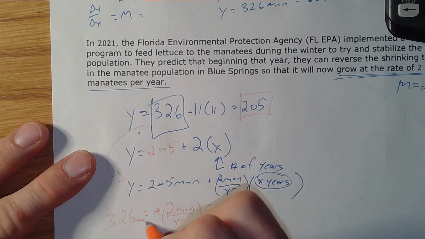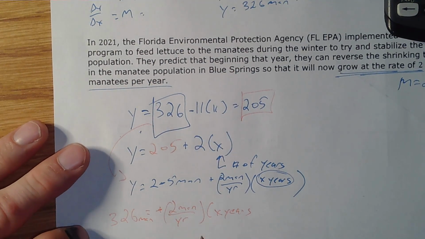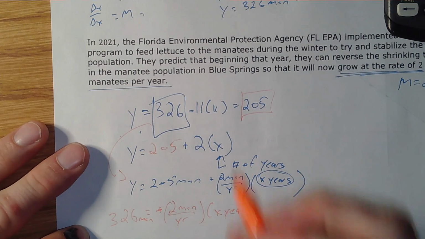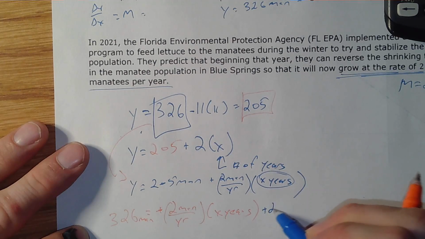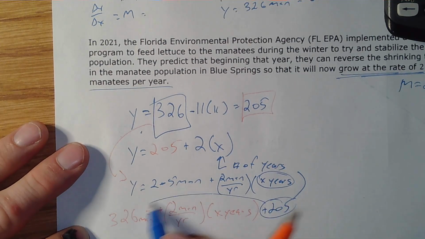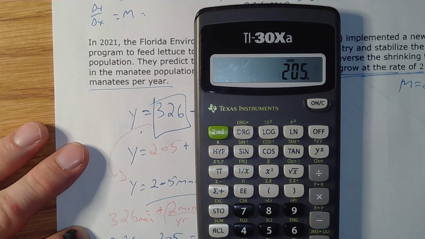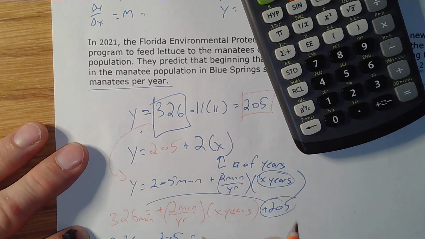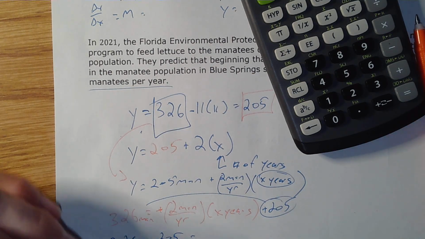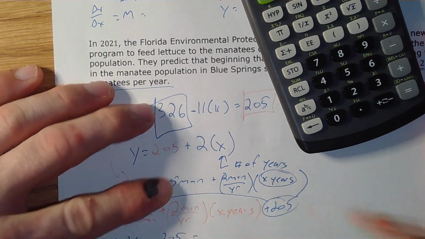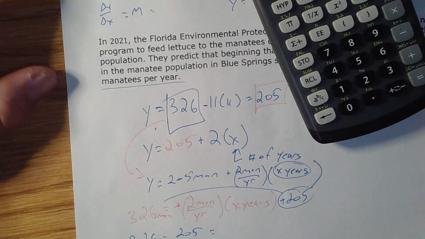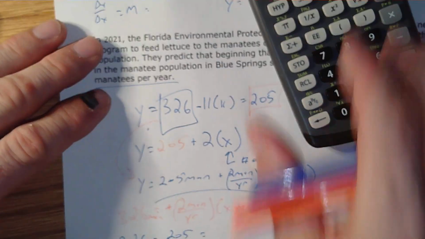And then don't forget my y-intercept, I started with plus 205. Okay, so I'm going to move this over here, and 326 minus 205 manatees equals 121 manatees, right? I need to recover 121 manatees by some time of year. So how long is it going to take to do that?